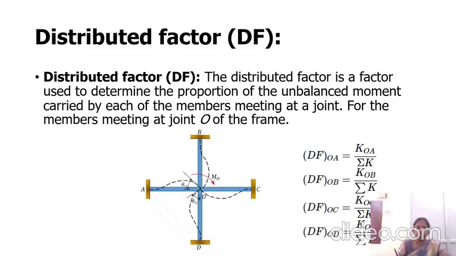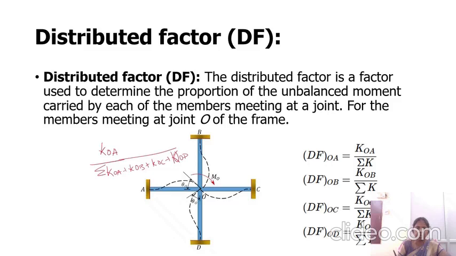The distribution factor for the particular member OA is KOA divided by the summation of all member stiffnesses, that is KOA plus KOB plus KOC plus KOD. We sum up all the member stiffnesses and use it as the denominator to calculate the individual distribution factor.